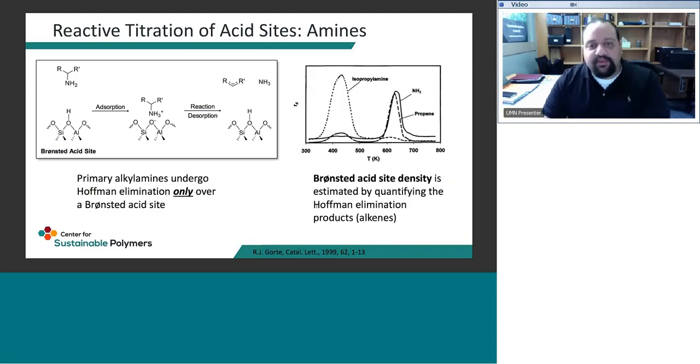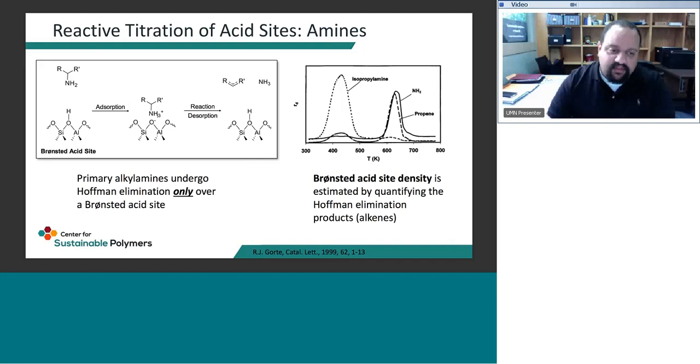Alternatively, another technique which doesn't rely on spectroscopy is alkylamine decomposition, where if we have a Bronsted acid site, shown here as in an aluminosilicate material, we can adsorb a primary alkylamine, and you have a proton transfer happening.